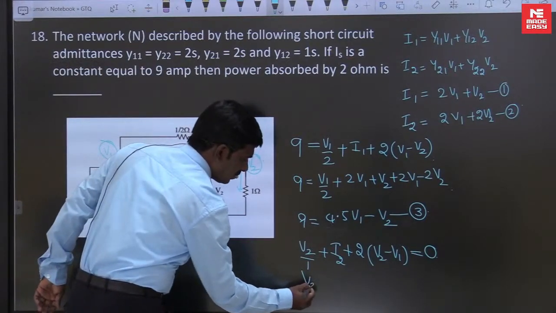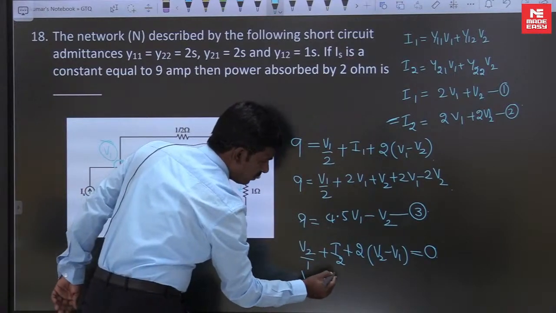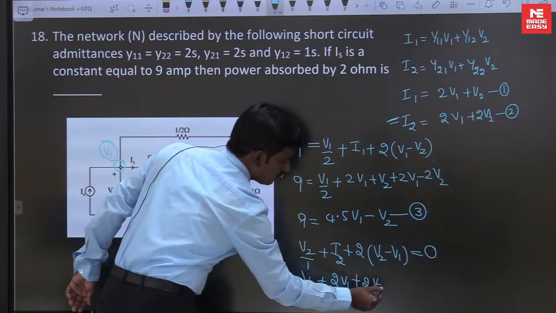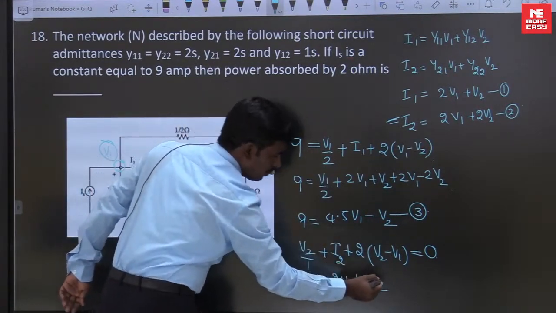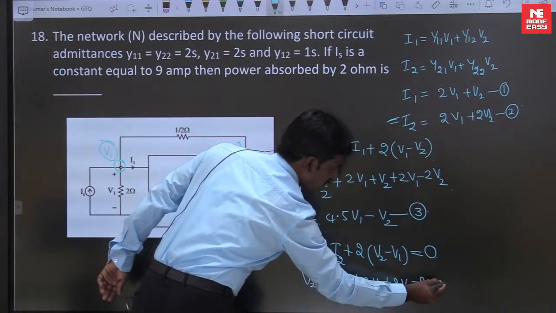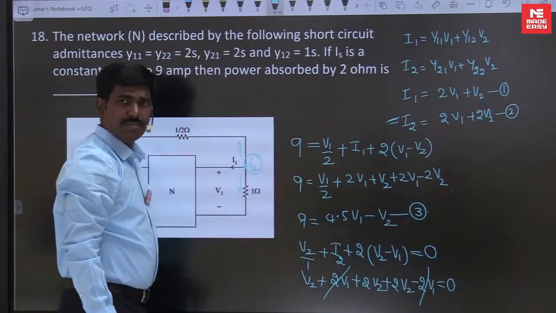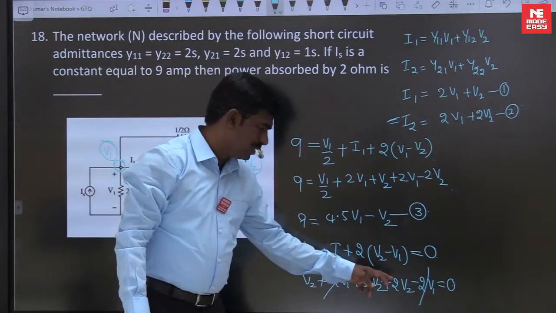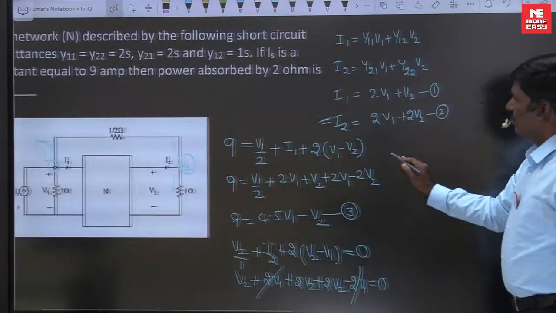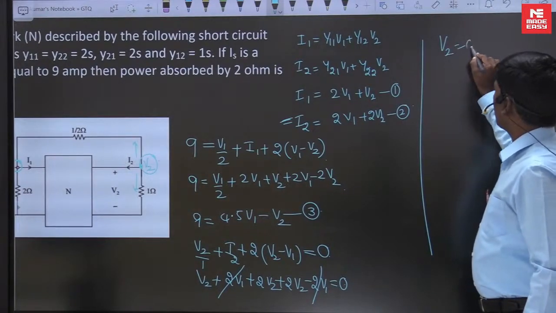So V2 plus I2, where I2 is 2V1 plus 2V2, plus 2V2 minus 2V1 is equal to 0. 2V1 gets cancelled. V2 plus 2V2 plus 2V2 is equal to 0, so V2 is directly equal to 0. The V2 value is 0.